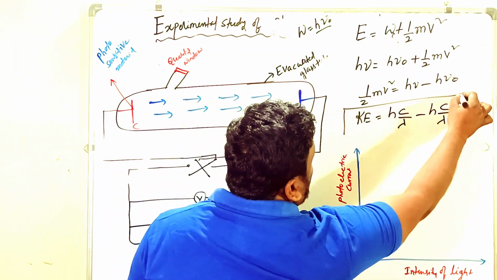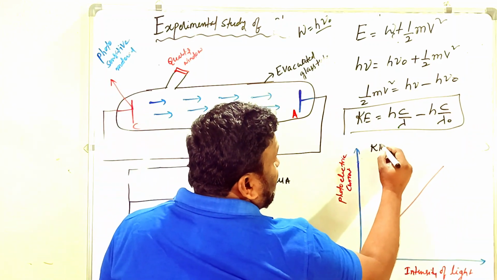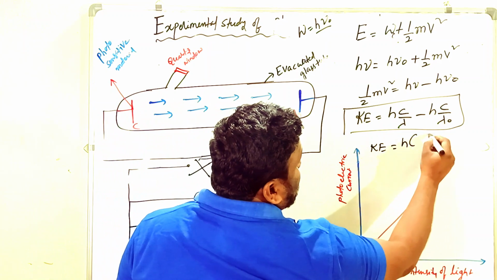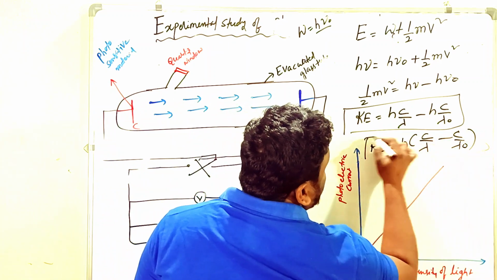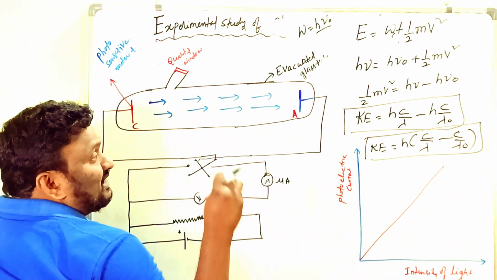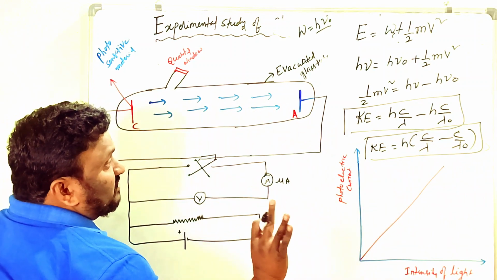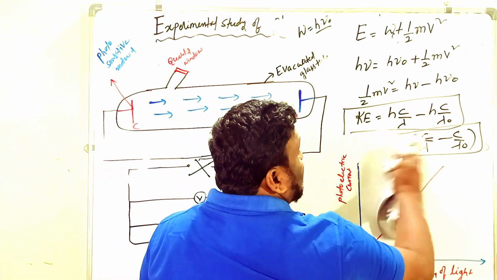Again, what is lambda naught? Threshold wavelength. Then kinetic energy equals h times c by lambda minus c by lambda naught. This is another form of Einstein's photoelectric equation. Clear, children? Now we can go for an in-detail explanation of the experiment.